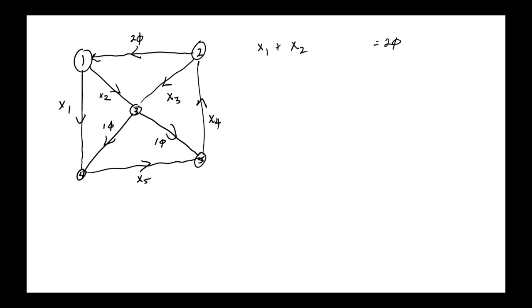Let's look at junction 2. Now you just decide, you can make it any way you want to. I'm going to say that leaving junction 2 is going to be positive, coming in is going to be negative. It sounds a little backward, but I like to lead off with a positive number.